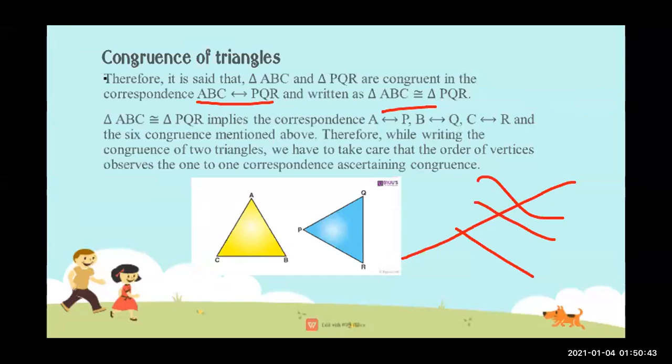Observe the one-to-one correspondence, ascertaining congruence. Here we have to see the correspondence. First, as we have written A to P, B to Q, and C to R, in the same way we have to write the angles and the segments also. So while doing the sums, we have to take more care in the correspondence.